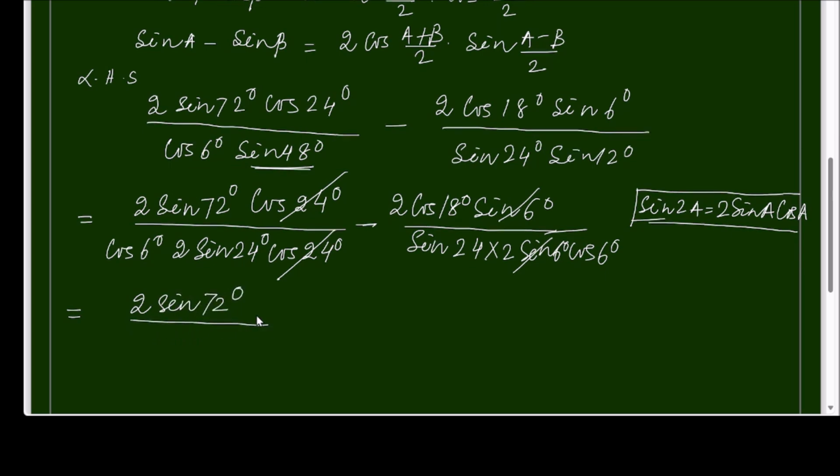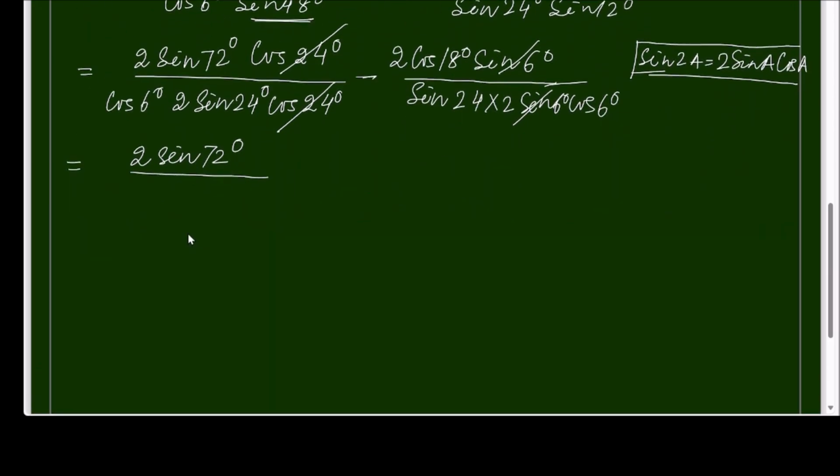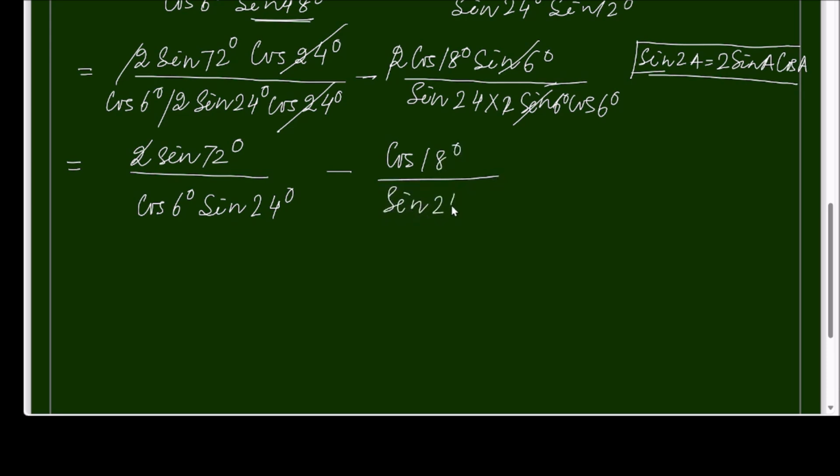Is it the same? We have to convert into the same, then only. So the 2 cancels, I need not write. So sine 72 degree into cos 6 degree and sine 24 degree minus cos 18 degree, whole upon sine 24 degree into cos 6 degree.